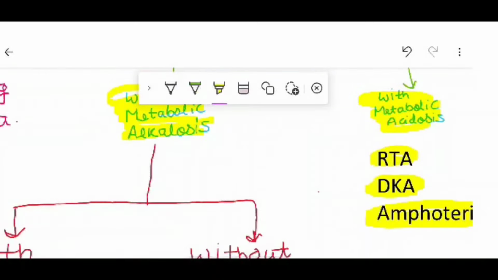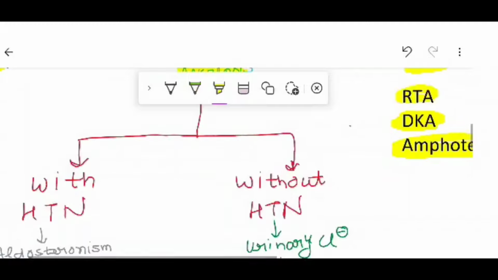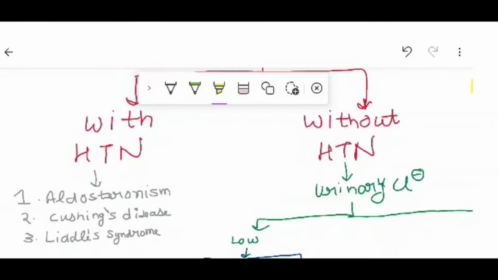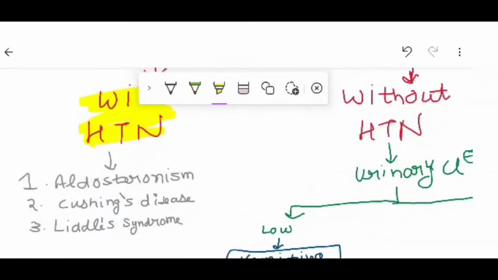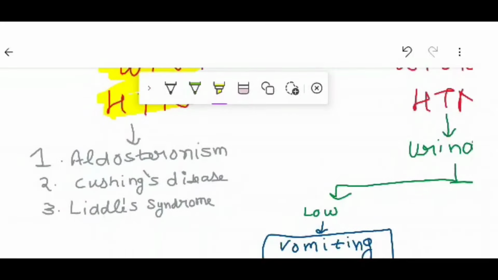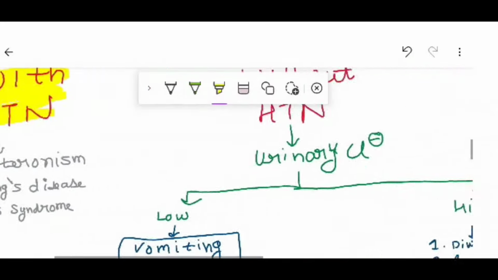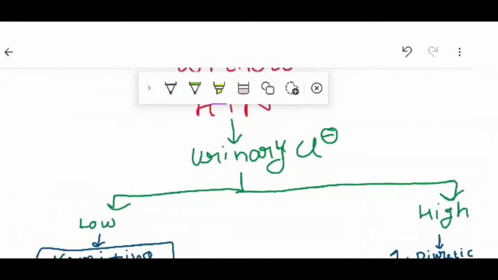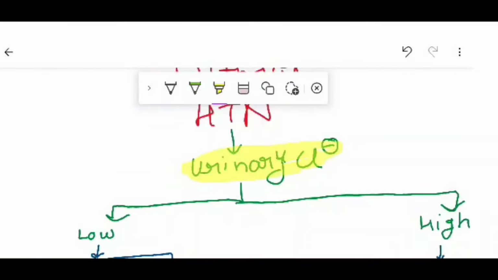If it is metabolic alkalosis, then we categorize further into two: associated with hypertension or without hypertension. If it is associated with hypertension, then we have three causes: aldosteronism, Cushing's disease, and Liddle syndrome. And if it is without hypertension, then we go for urinary chloride assessment.